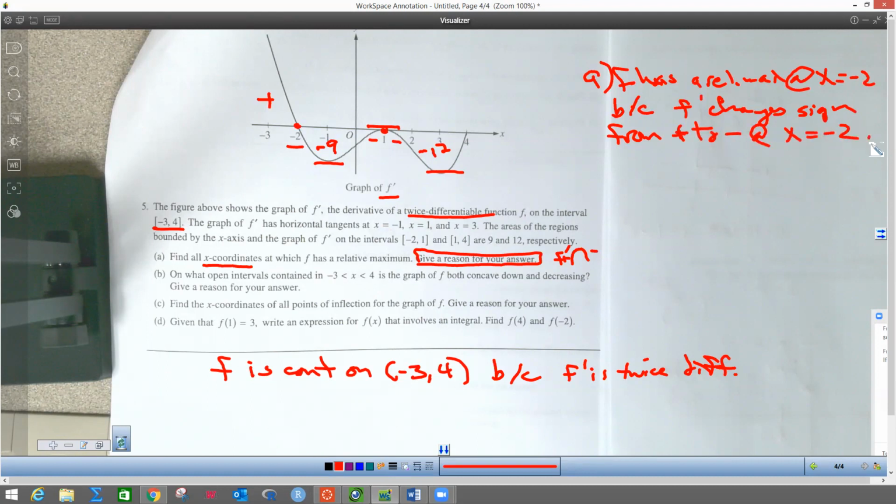And you must write the at x equals -2 twice. Okay? So that's part A's done. There's all the points for that one.